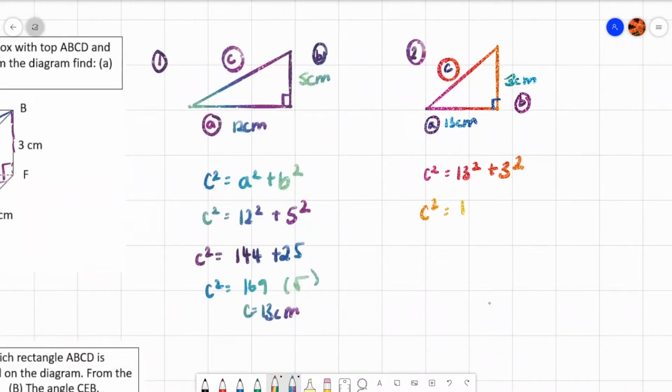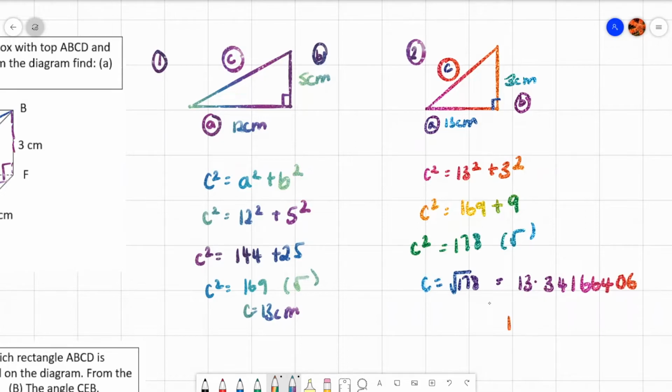C squared equals 169 plus 9. Well, 169 plus 9 is 178. And if I square root, I get the square root of 178, which is 13.34166406. So 13.34 centimeters rounded to 2 decimal places.